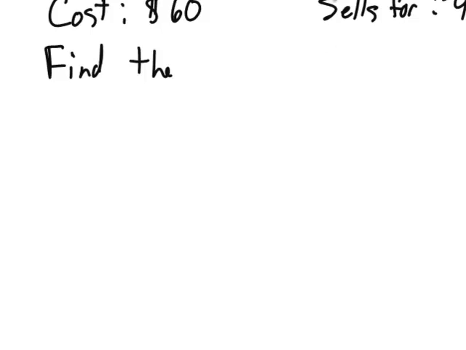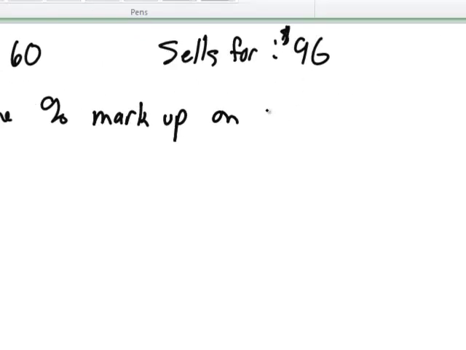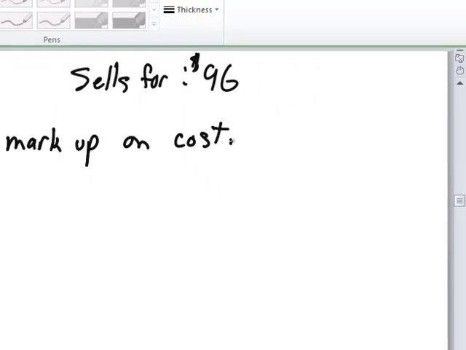Depending on what it is, food actually has a pretty low markup. A lot of your food is around 8 to 12% markup on cost, but you get into clothing, you're looking at 30, 40, sometimes 50% markup on cost. So the rest of the costs are like normally 50 to go for 100. Yeah, that's not uncommon. So find the percent markup on cost.